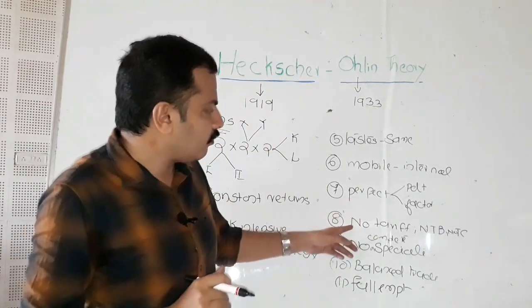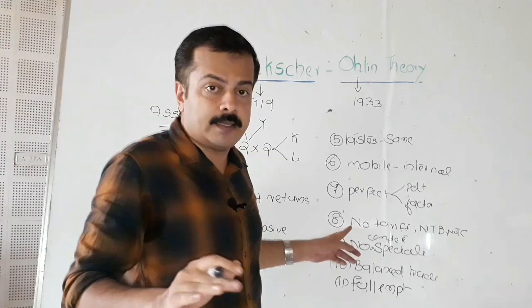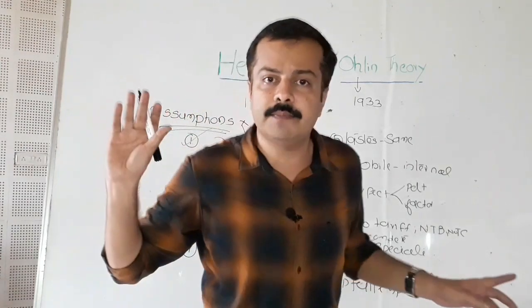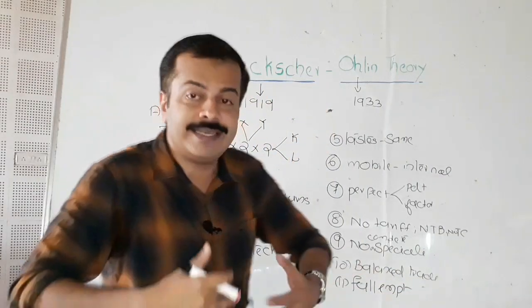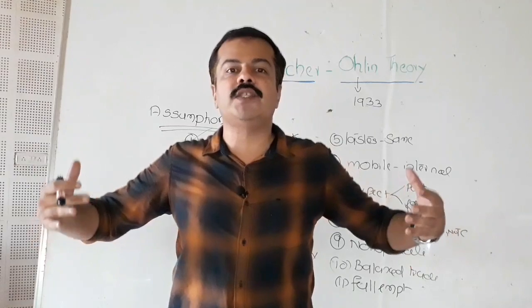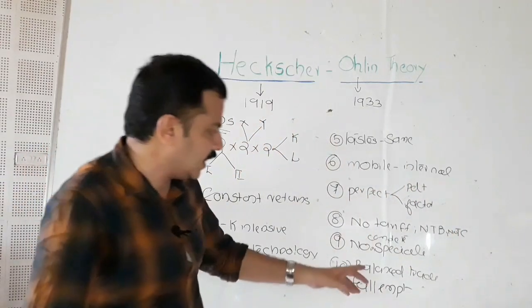We have free trade in the sense that there is absence of tariff, non-tariff barriers, and even there is absence of transportation costs. There is incomplete specialization. That is, even after free trade, countries will continue to produce both commodities.